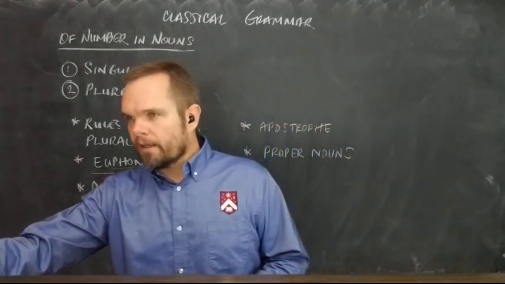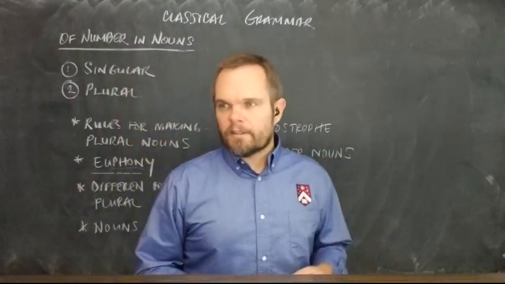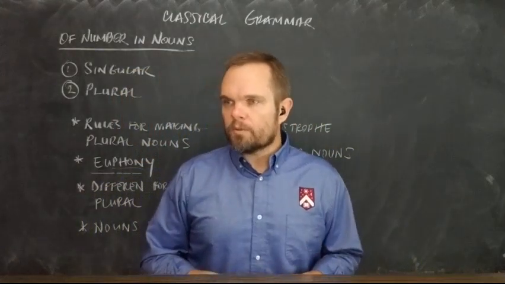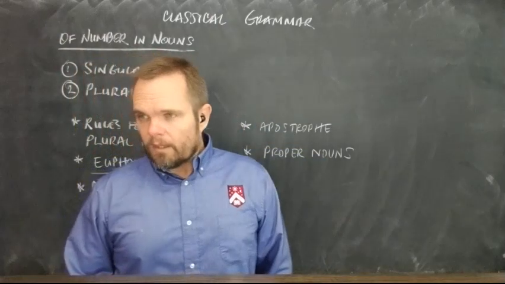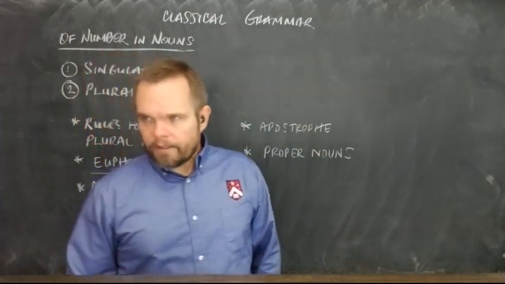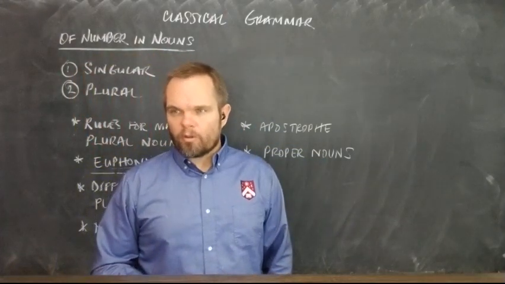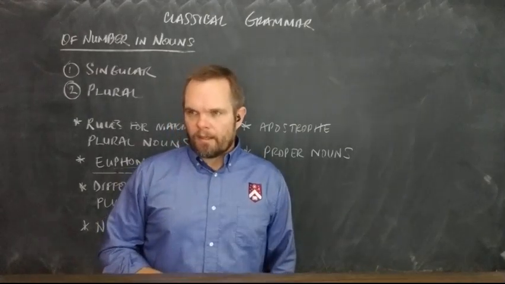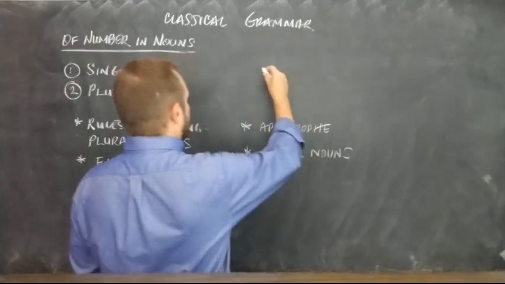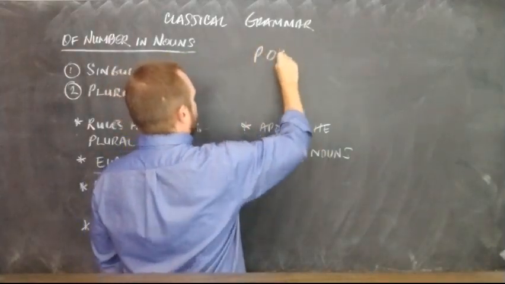Let me see if I can find some more. I'll look at a different rule here and talk about a different situation. We learn that words that end in Y often form their plural by replacing the Y with IES. So we'll take a word like pony.